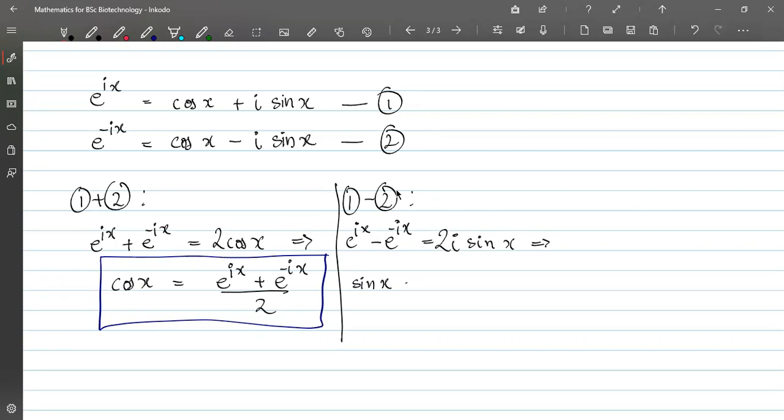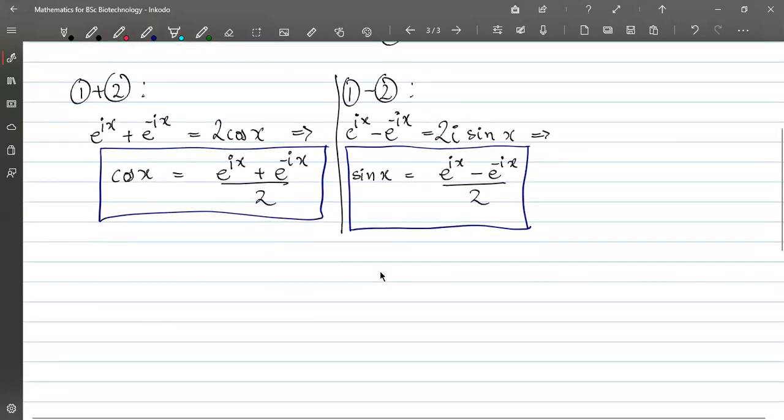So sin x is e to the ix minus e to the minus ix upon 2i, not 2, 2i. Forgot that. Yeah, so these are the expressions for cos x and sin x in terms of the exponential function.